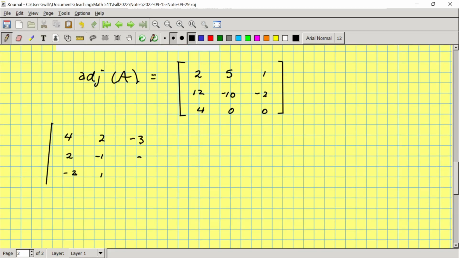Negative 3, 2, negative 4. Okay, and now I'm faced with calculating this determinant. Right? But I can be pretty darn clever about calculating this determinant in ways that I'm not allowed to be clever when I just restrict it to row operations, because now I also have column operations.